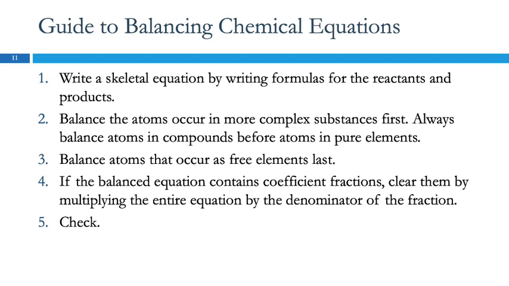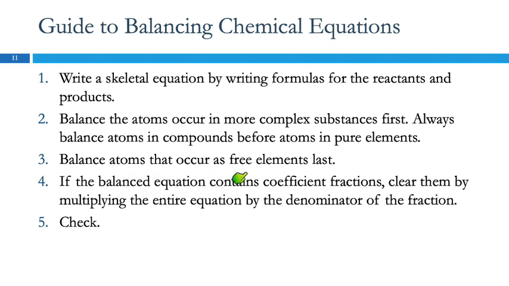So the general approach here is to write a skeletal equation. So that means figure out the formulas of your reactants and the formulas of your products and write those down. Then we start balancing the equation. In general, it's a good idea to balance things that are in more complicated substances first, and leave anything that's a pure element to the end.